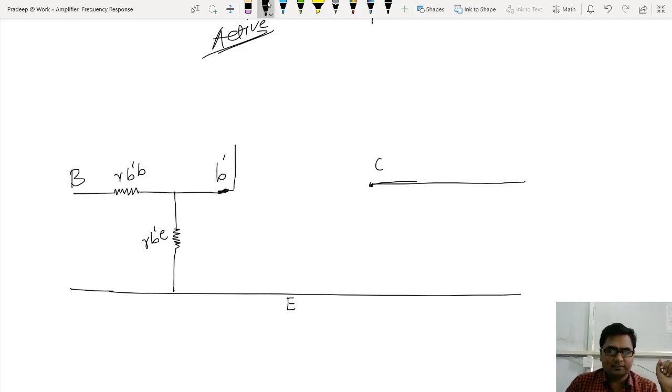Yes, we have one resistor between virtual base and collector. The resistor's name is r b'c. Three resistors I have shown. The fourth resistor is present between the collector and the emitter. That is r c e.